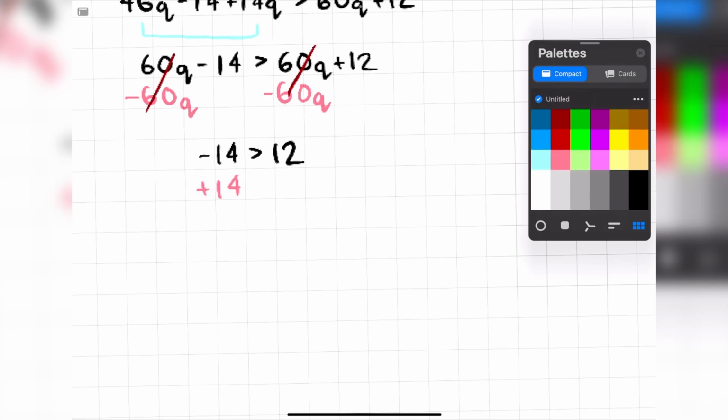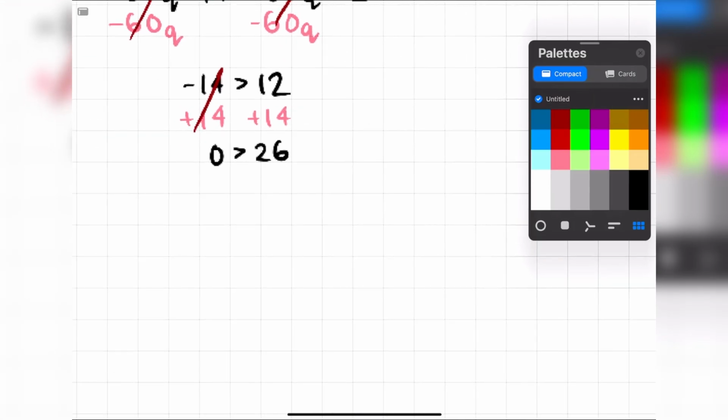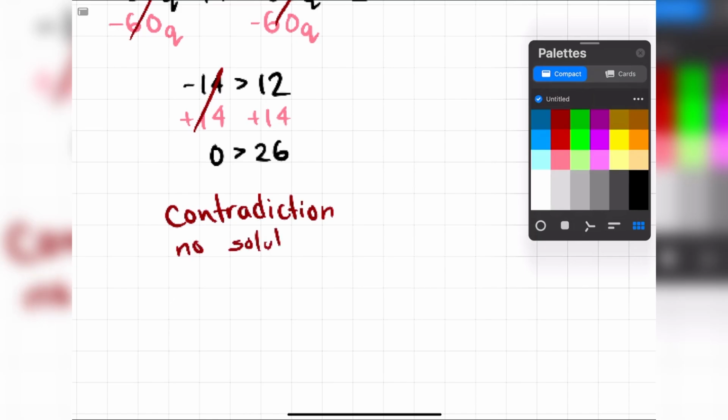Plus 14, plus 14, that cancels out. That leaves you with 0 is greater than 26. What is this? This is a contradiction. This has no solutions. That is your answer for this question.